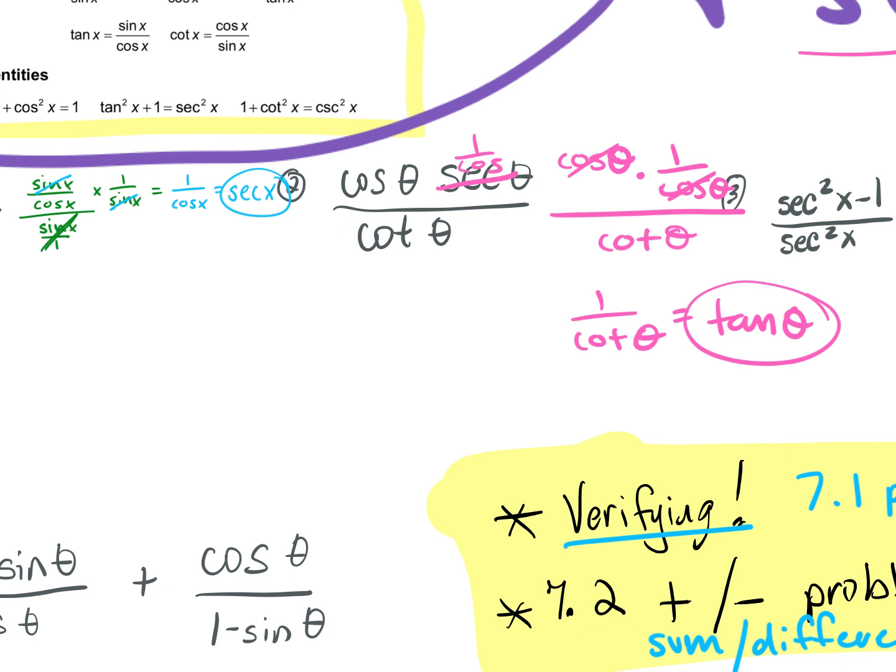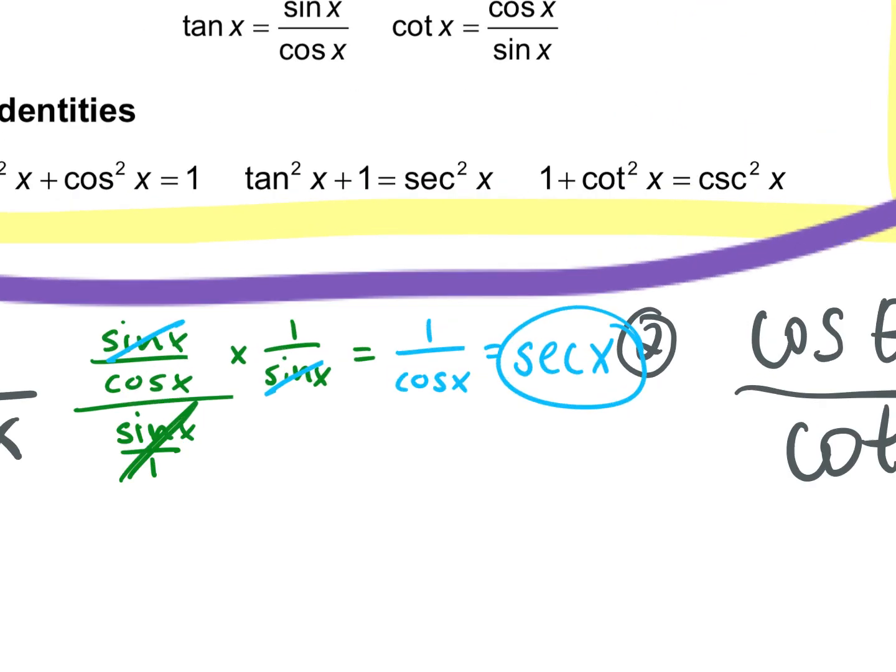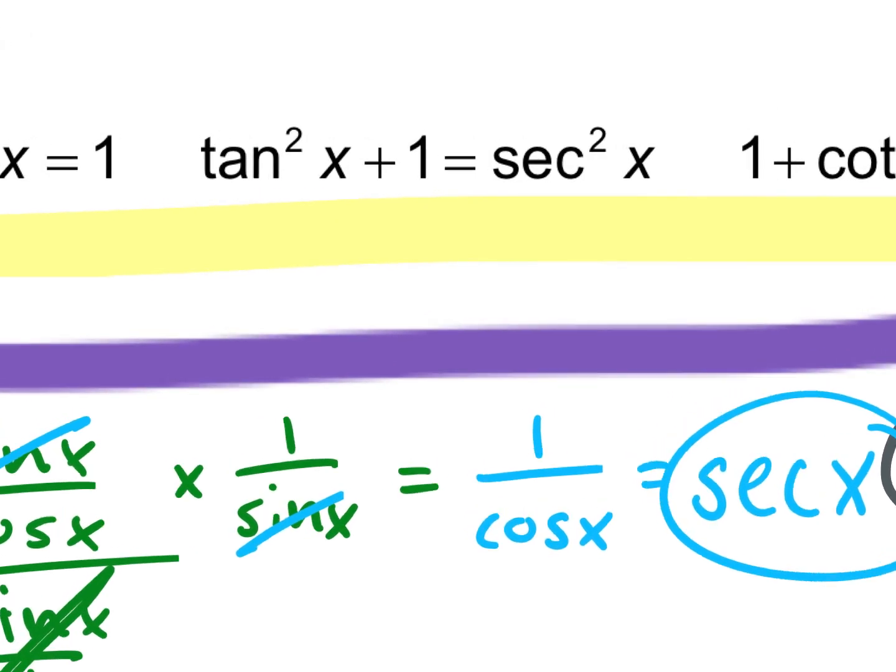All right, for 3, we have secant squared minus 1 over secant squared. Usually when you have one of your trig functions squared, especially when you're either adding or subtracting 1 to it, you're probably going to want to use your Pythagorean identities. So let's see if we can make one of our Pythagorean identities be secant squared minus 1. Looking at our Pythagorean identities, I'm going to go to the one that has secant.